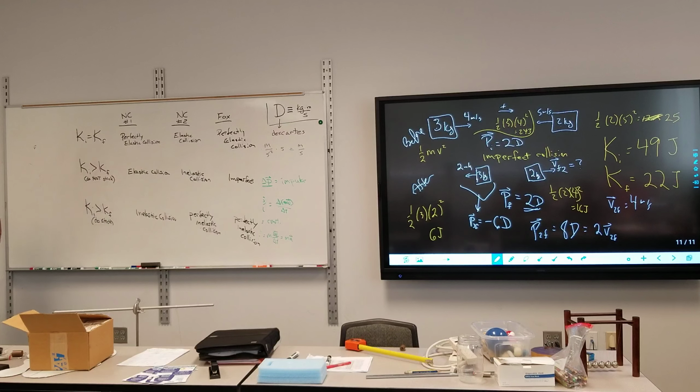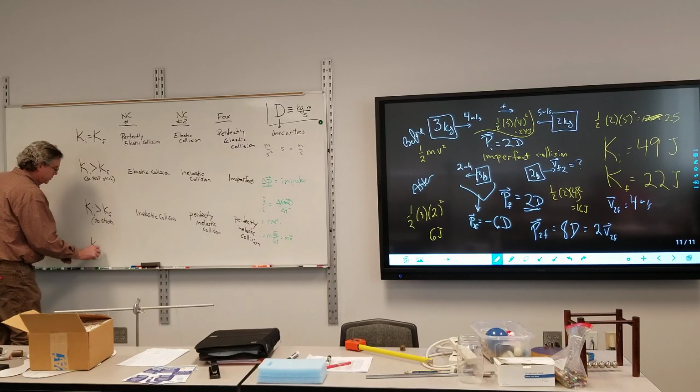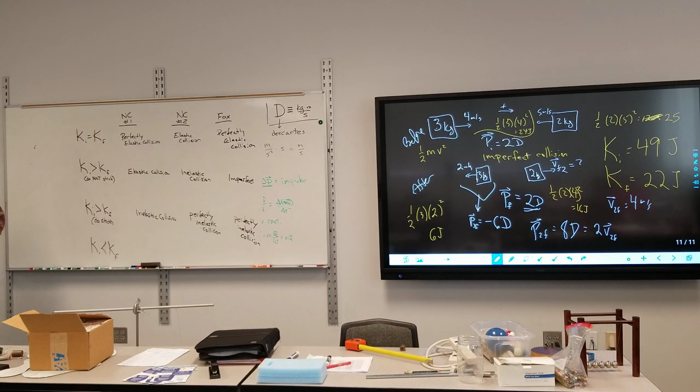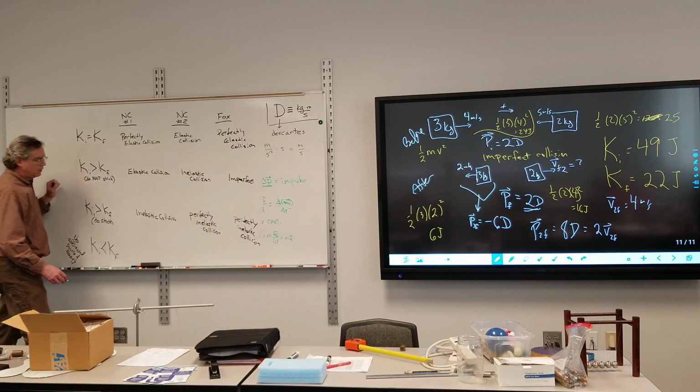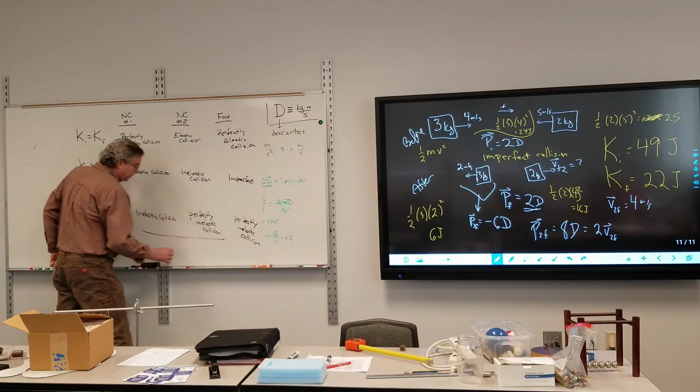Now, there's another category. If you gain kinetic energy in the collision, and there's no explosion or something else that would add it in, so if the initial kinetic energy is less than the final kinetic energy, in the absence of explosions or any additional source of energy, this is what both of these conventions will call impossible.